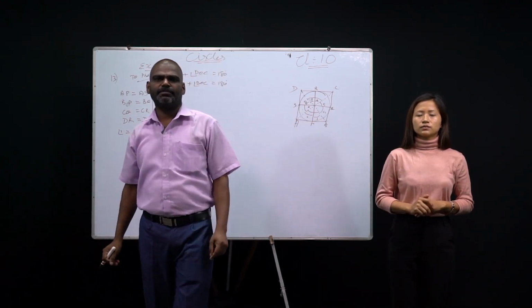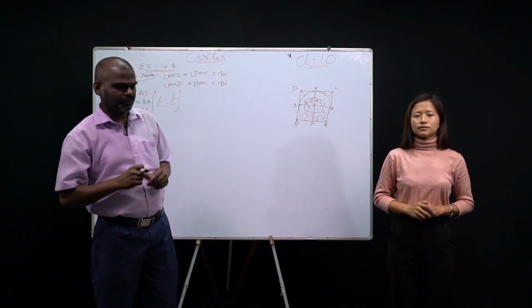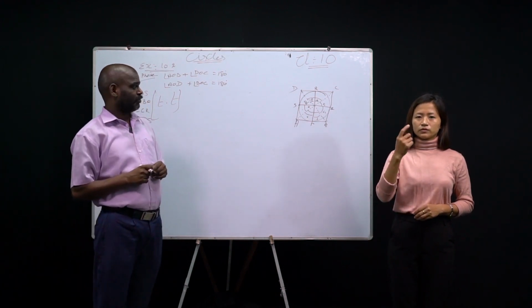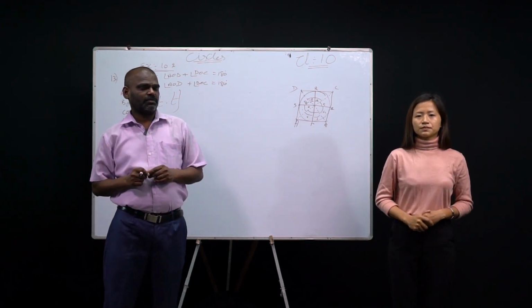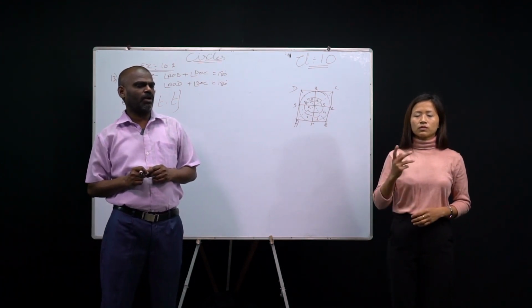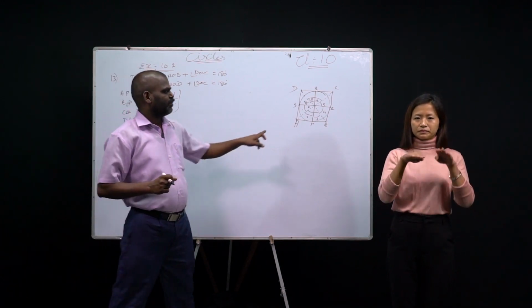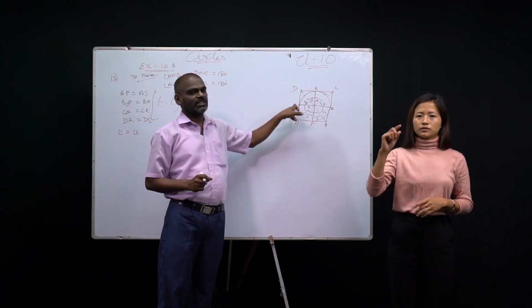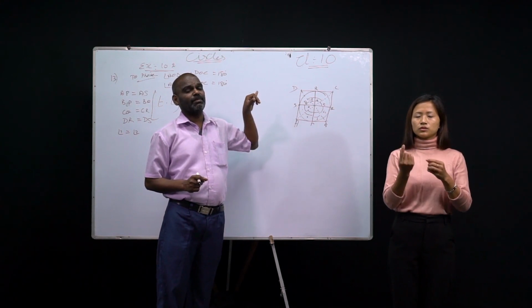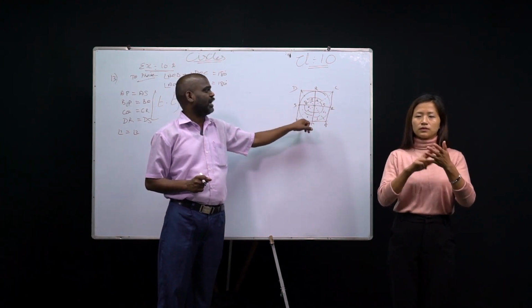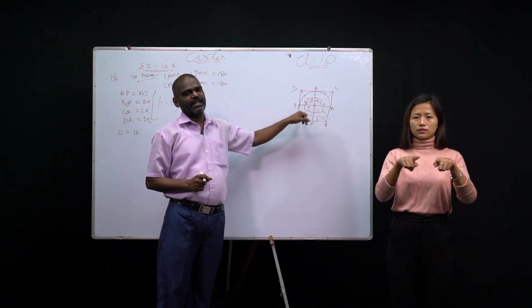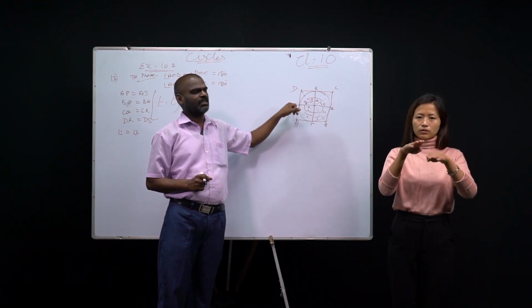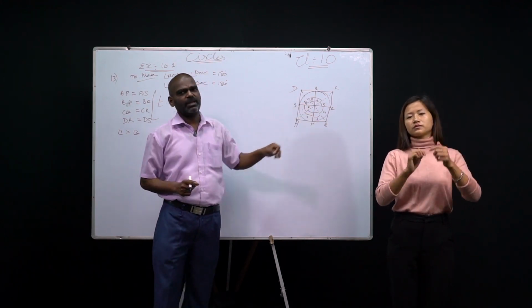Tell me why. Today, first class I taught you. Why are angle 1 and 2 equal? Because angle 1 and 2 are subtended by equal tangents, that is AP and AS, right? AP and AS are equal tangents, that means angle 1 and angle 2 must be equal.